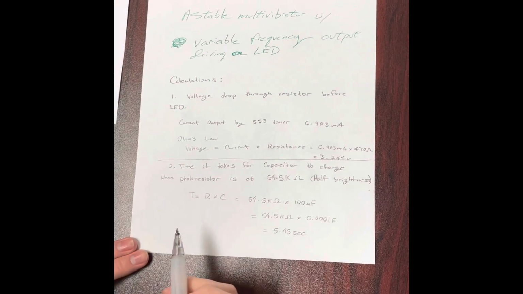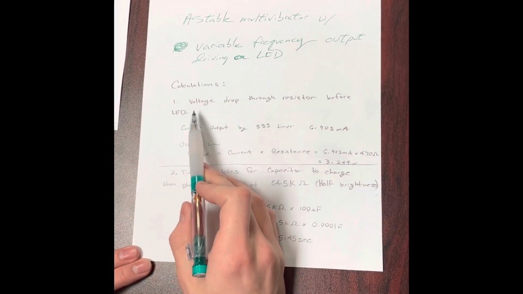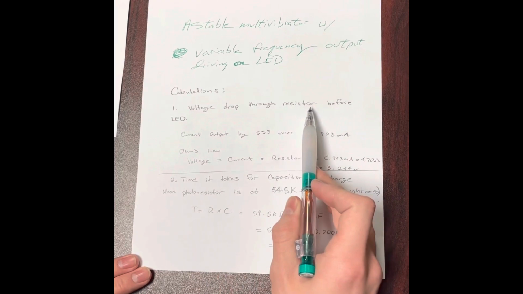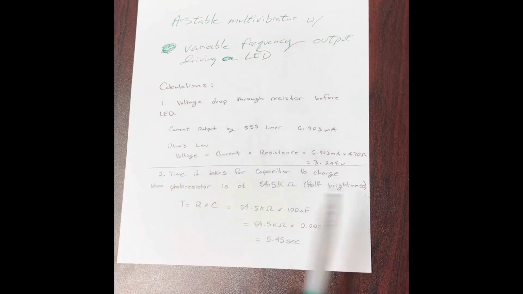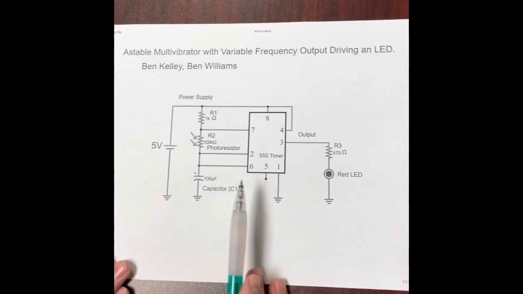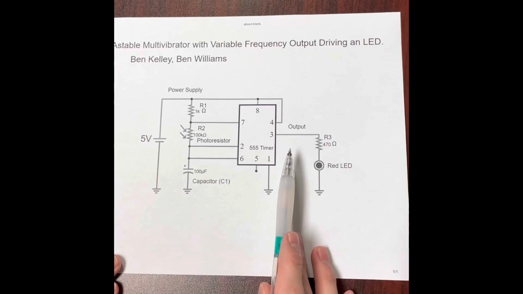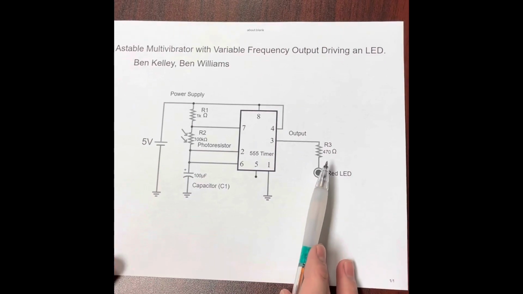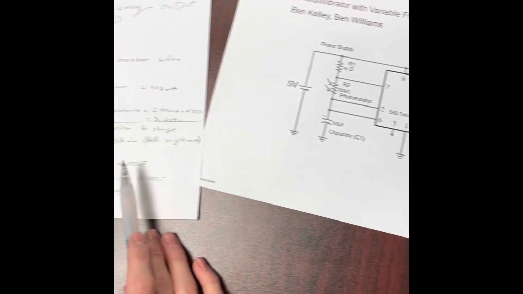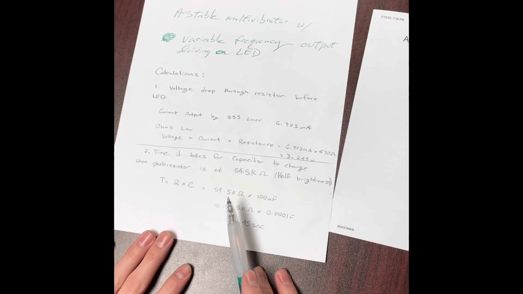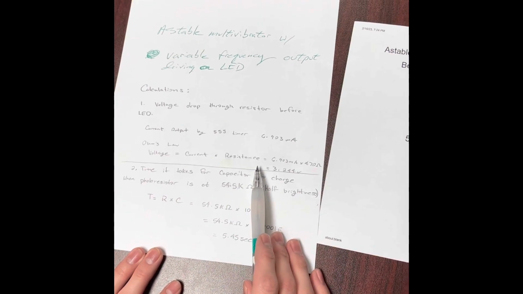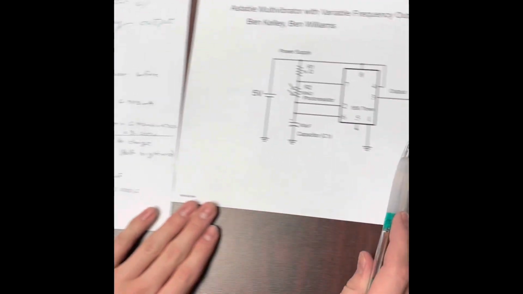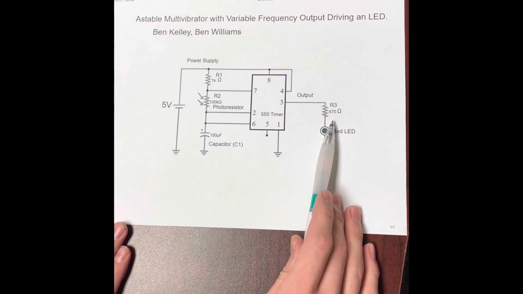For our calculations, the first one, we calculated the voltage drop through the resistor before the LED. The current output by the 555 timer, looking at our circuit simulation, was approximately 6.9 milliamps. According to Ohm's law, the voltage drop is equal to current times resistance. We know that the resistor is 470 ohms.